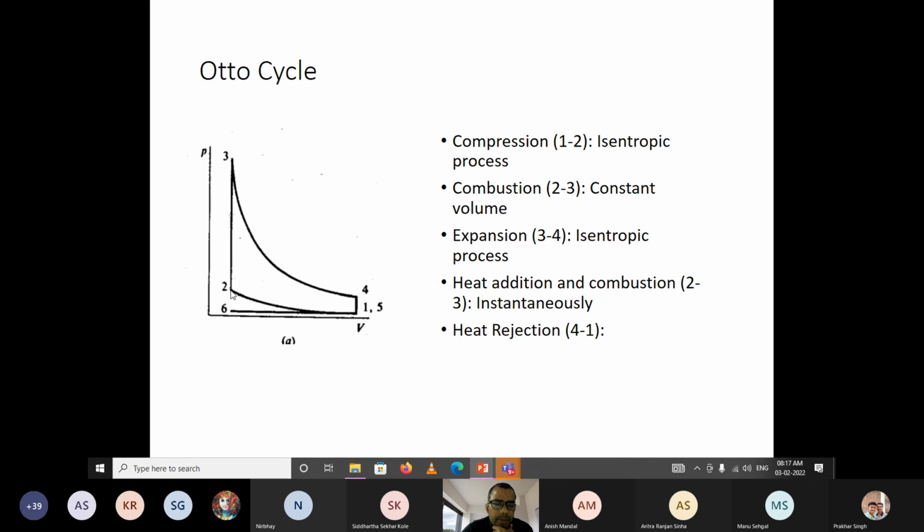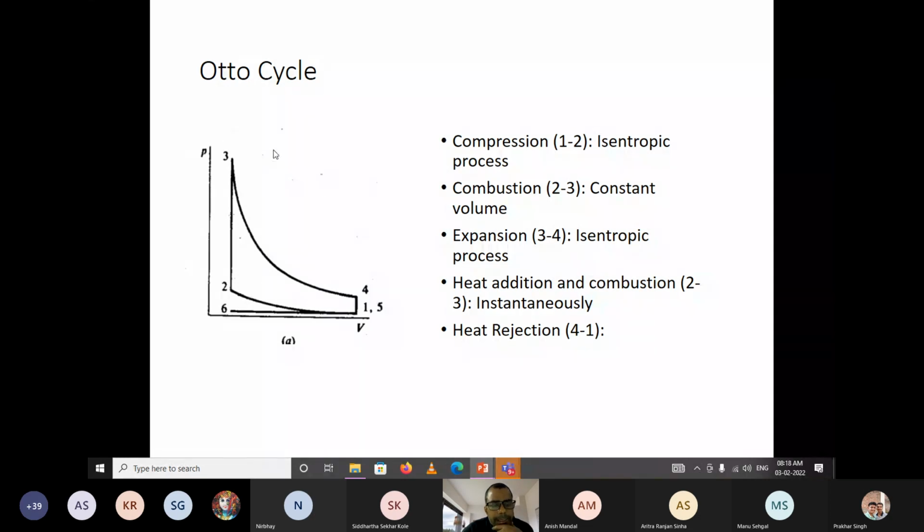Then when the piston is reached, let me ask a question before that. If the piston is at this point, what can we say, is it at the bottom dead center or the top dead center? Bottom dead center. And once the piston is here, then it is the top dead center.